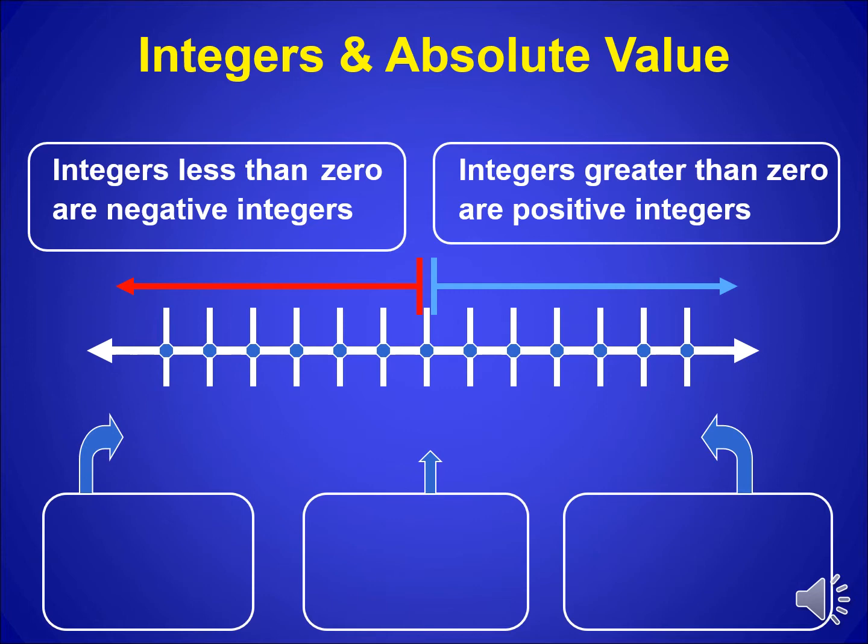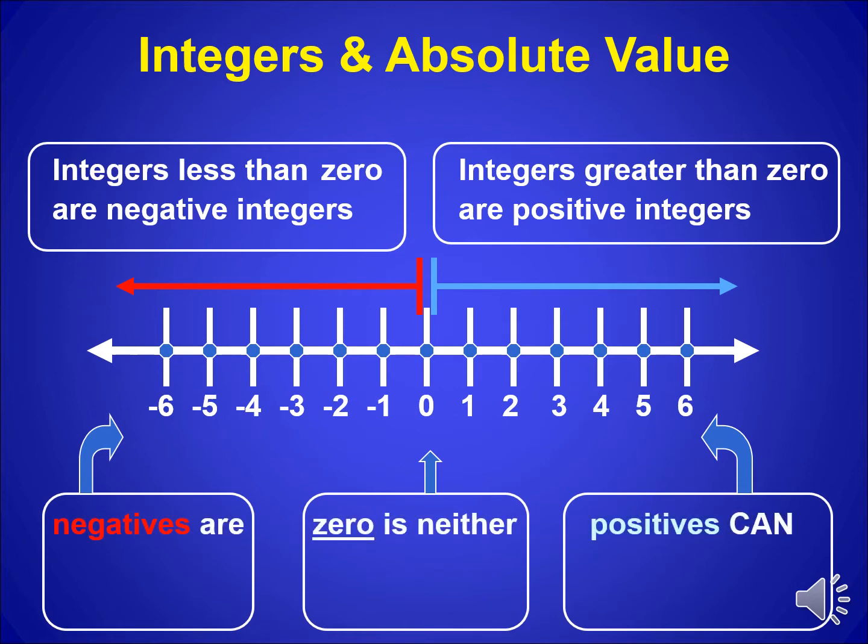The negative integers are on the left, less than 0. So 0 is in the middle, on the right 1, 2, 3, 4, 5, up to positive infinity, and on the left negative 1, negative 2, negative 3, negative 4, up to negative infinity.